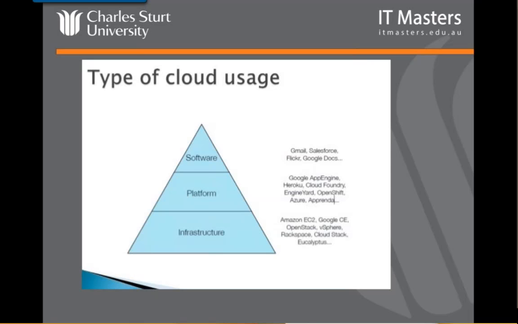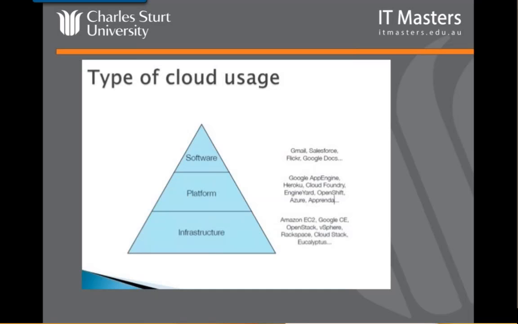So we covered three of them: the infrastructure, the platform, and the software. The software is the top layer. Example, Gmail, if you're in Australia, Optus Mail, if you're in Germany, T-Mobile, if you're in the US, again, T-Mobile, email address, your Salesforce, your Flickr, and so on.